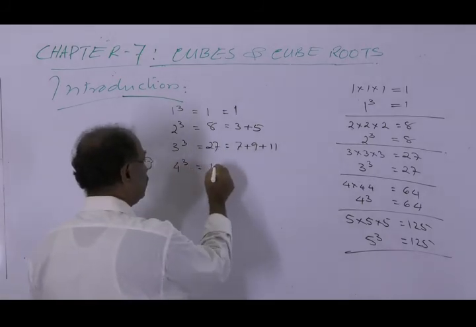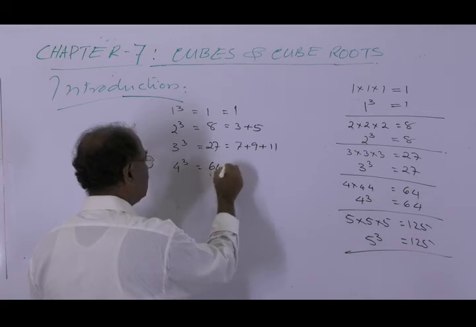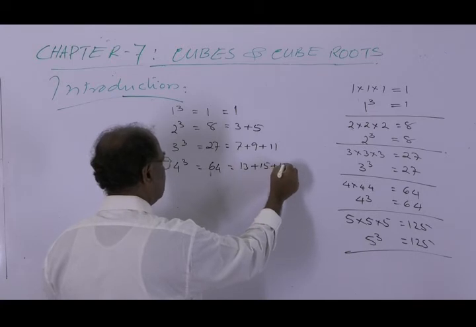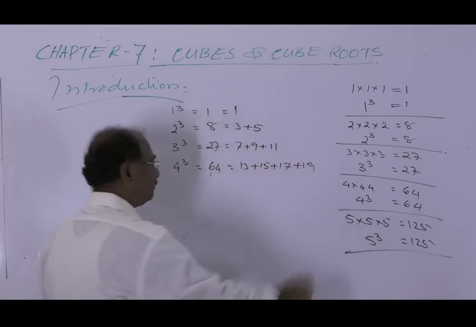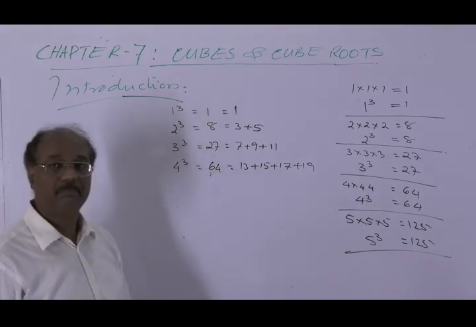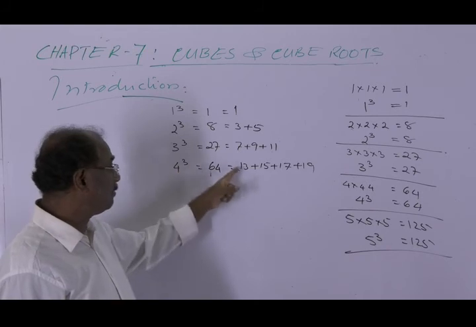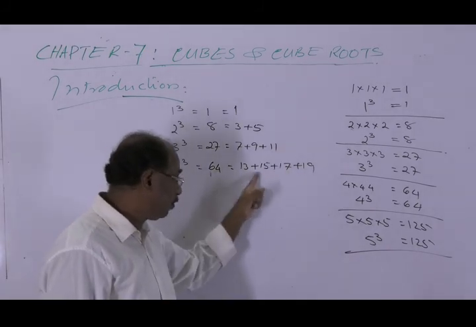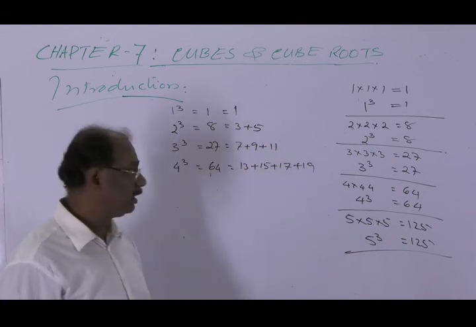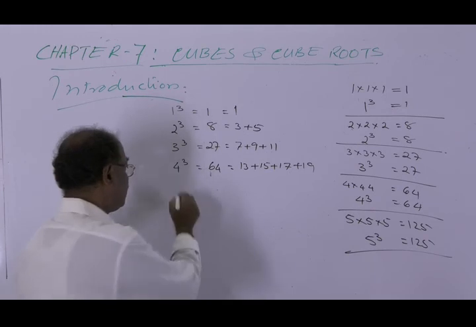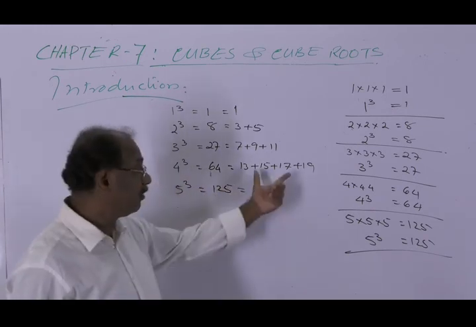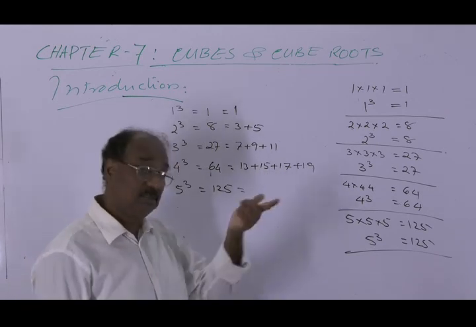And consider 4 cube. 4 cube is equal to 64, which is equal to 13 plus 15 plus 17 plus 19. So this sum is 64. So 4 cube is the sum of the next 4 odd numbers after this 11. Similarly, 5 cube, which is equal to 125, is the sum of the next 5 odd numbers.